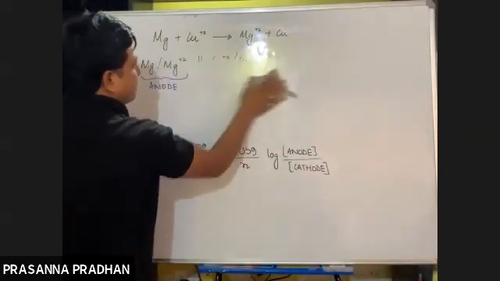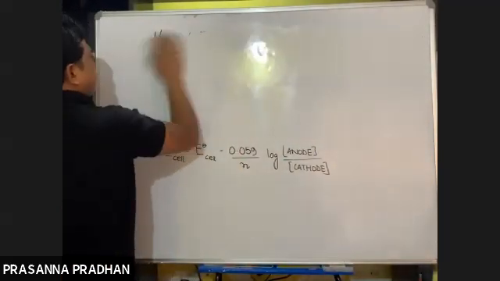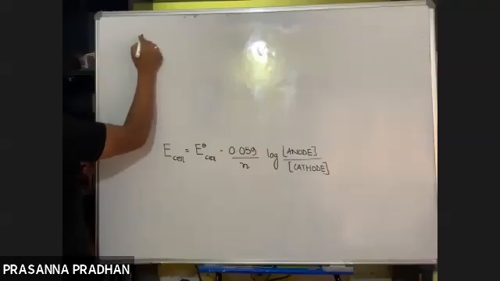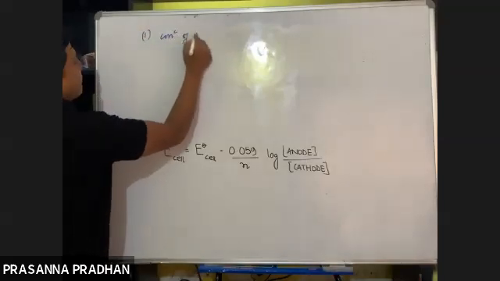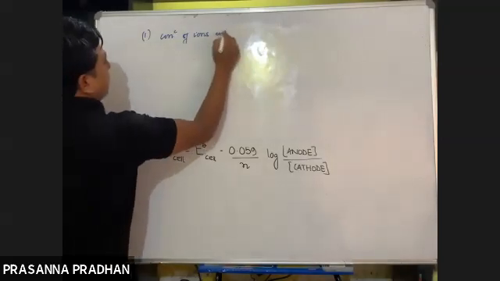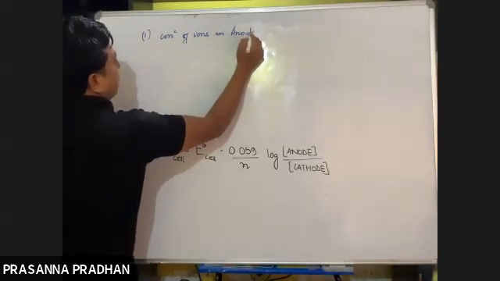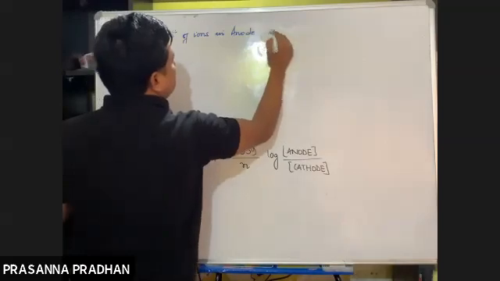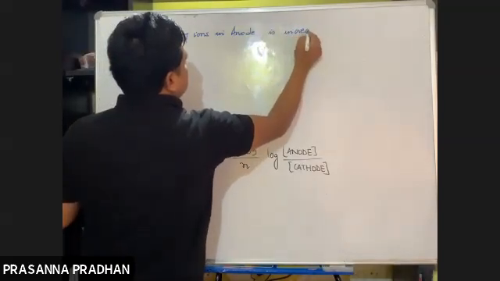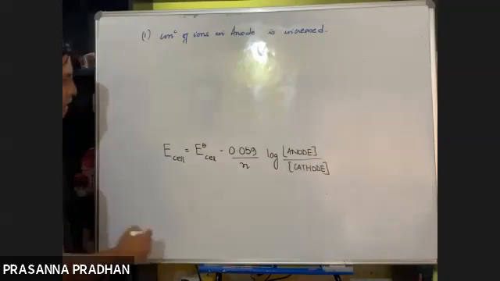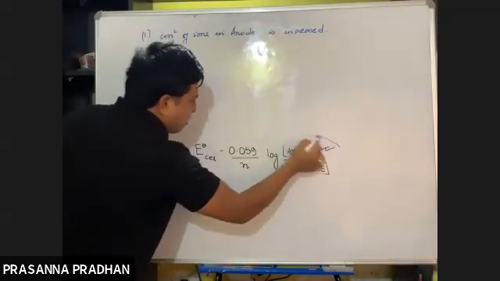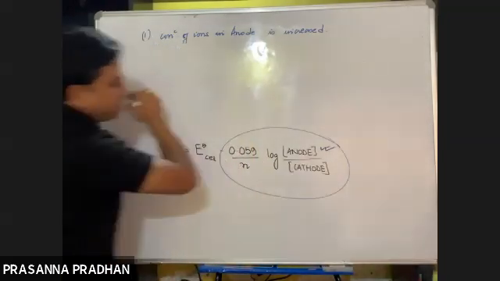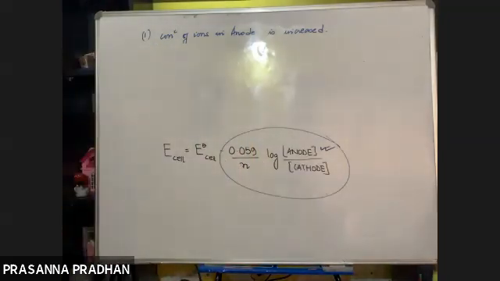What would be your answer? Sir, E cell decreases. Okay, good. So what is the effect on E cell if the concentration of ions in the anode compartment is increased? Now see, if this is increased, this as a whole is going to increase because we are increasing the numerator.